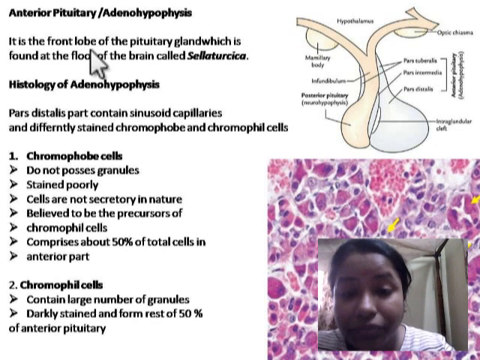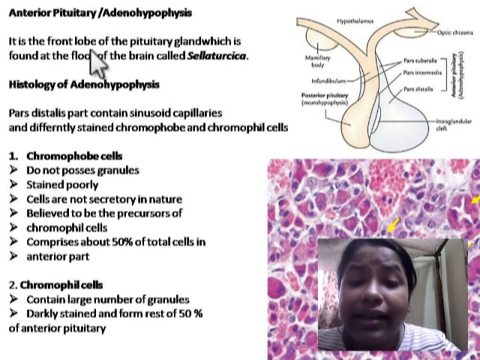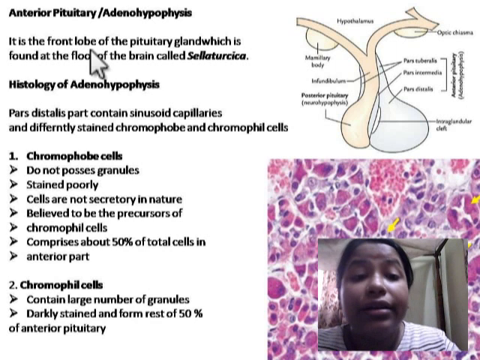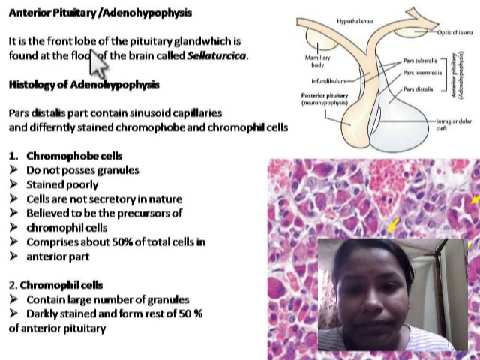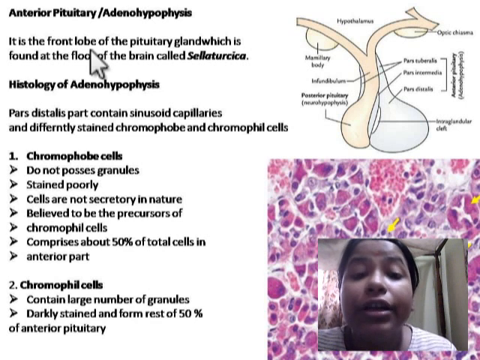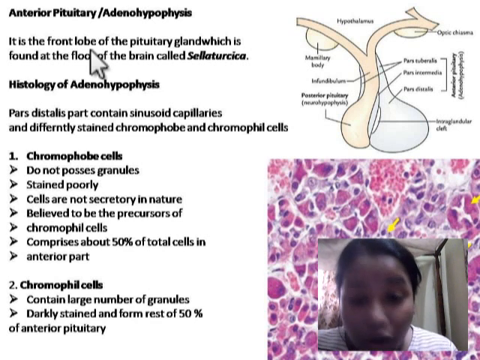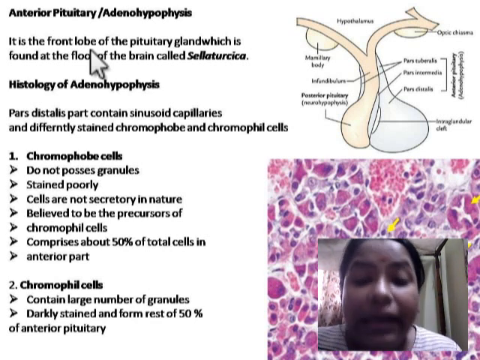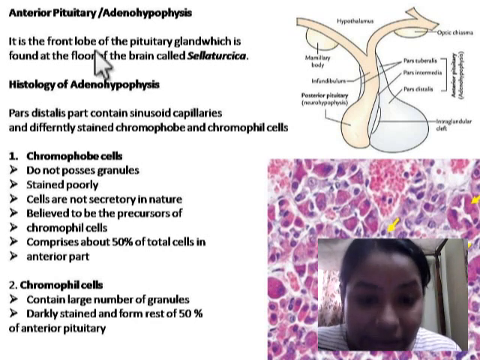Okay, so now next I am coming to the chromophil cells. They are of two types and comprise 50% of the anterior pituitary. They contain a large number of granules and are darkly stained cells.